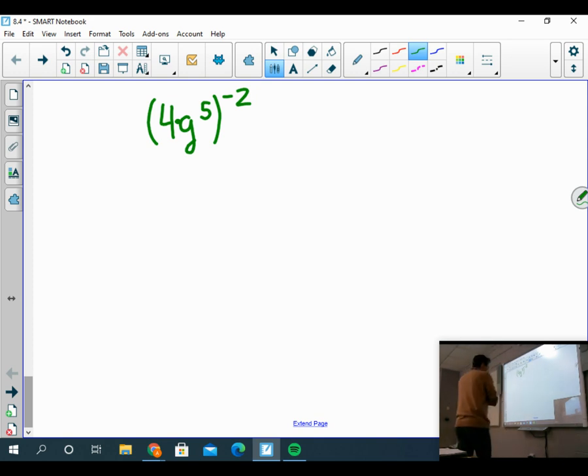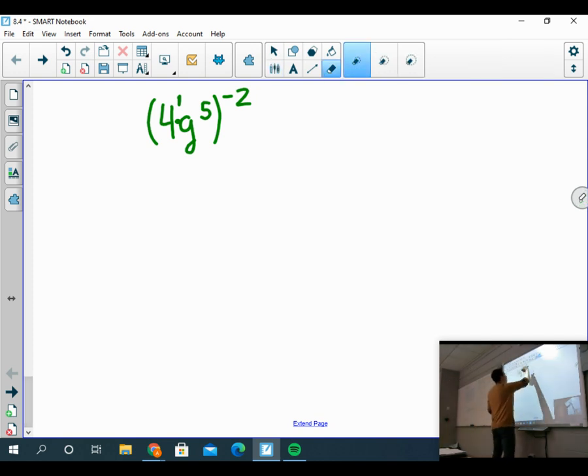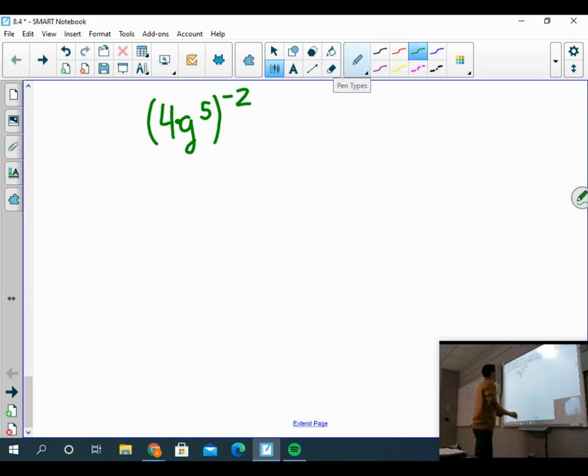What's our little shortcut? Well, we distribute the exponent to each part of the product. But before I do that, to avoid messing this up, I'm going to make sure I give the 4 an exponent. Since we don't see one written there, we will write the exponent as 1. Again, what people are often tempted to do that I don't want you to do is distribute the -2 to the 5, fine, but then they accidentally do 4 times -2 because they don't see an exponent with the 4, and that's not what we want.